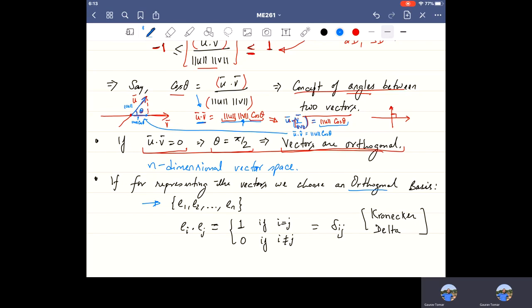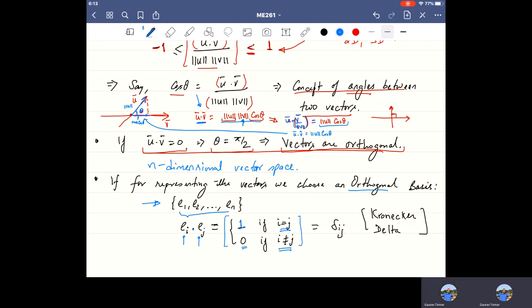When I take the product of any two, ei with ej, where i and j can take values from 1 to n, you either get 1 if i equals j, and 0 if i is not equal to j.